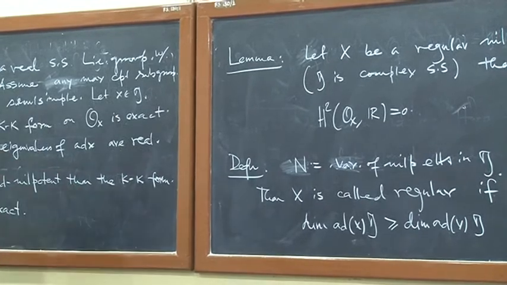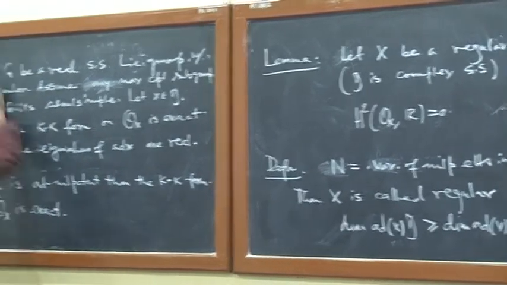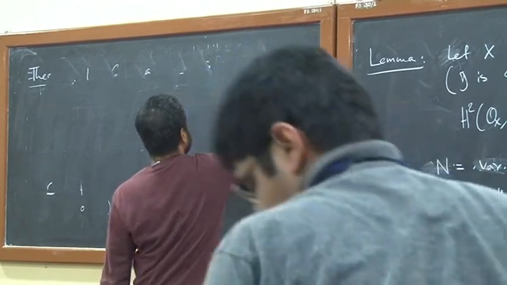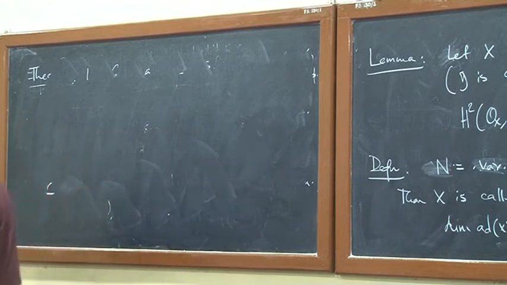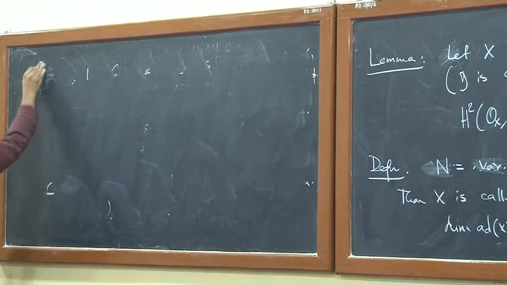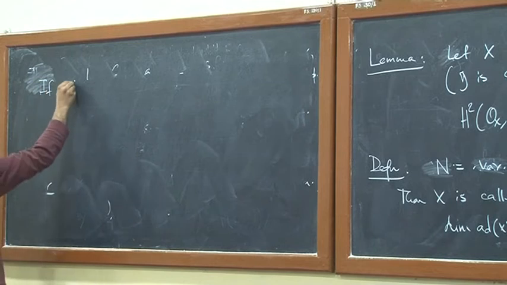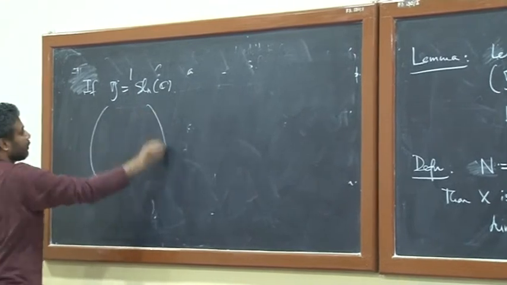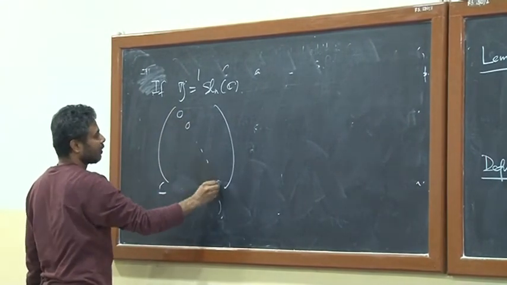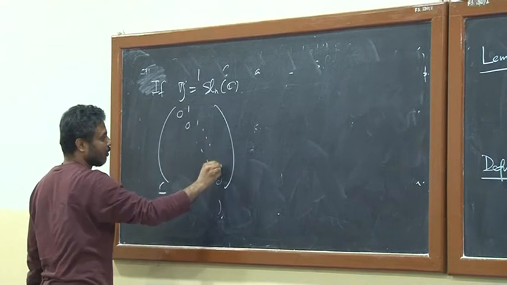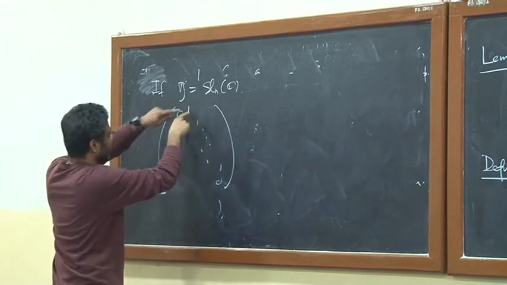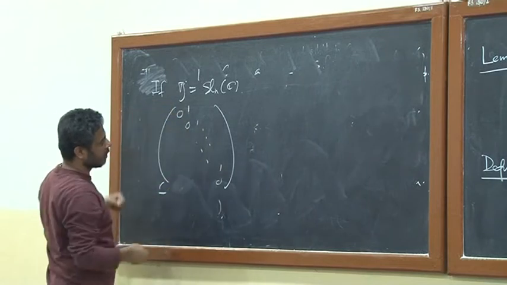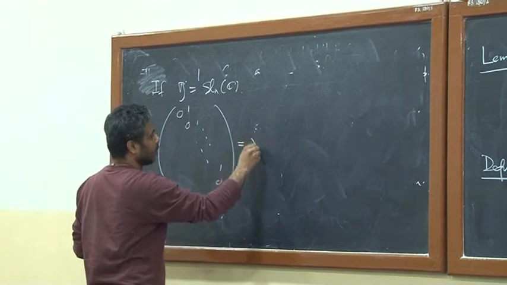Okay, so an example of regular, if I take the simple case of SL_N(C), then if G is SL_N(C), I consider the diagonal, and just above the diagonal, take all ones. If I take anything non-zero in all the entries just above the diagonal, then this is an example of it.